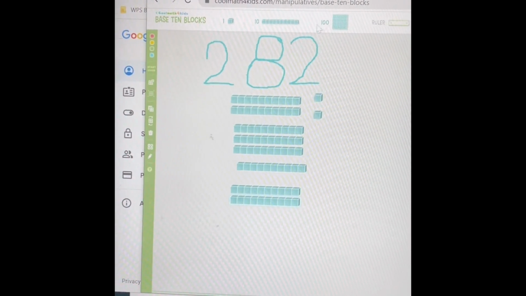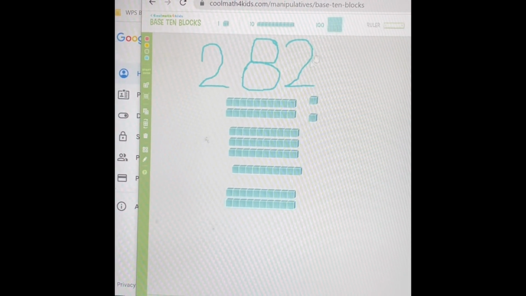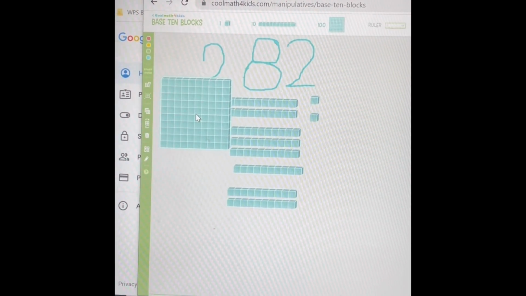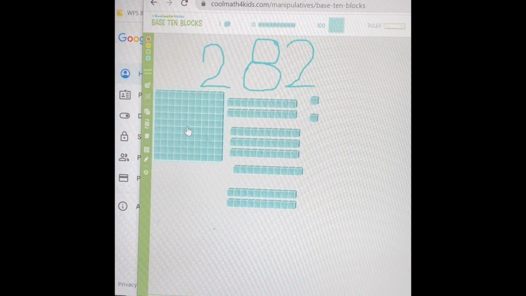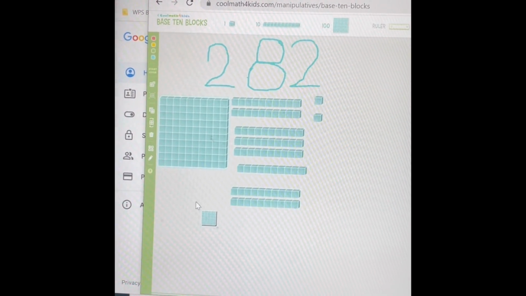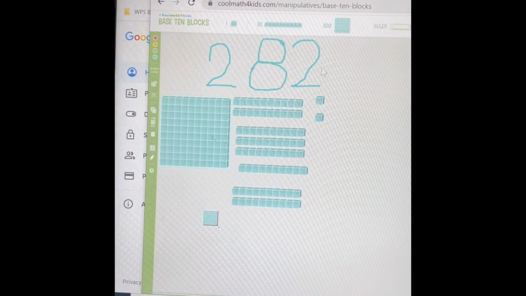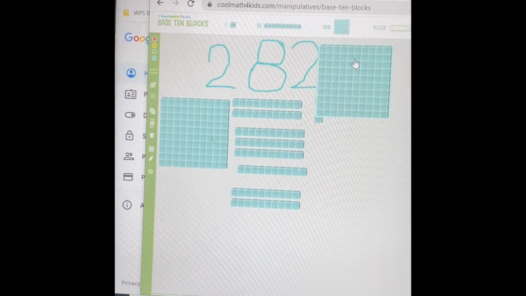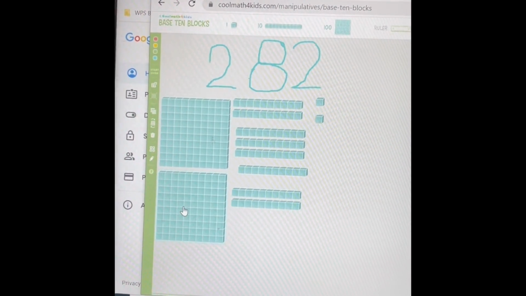Now we have 200, so I'm going to take out the 100 blocks. I'm going to count by 100 now. 100, 200.